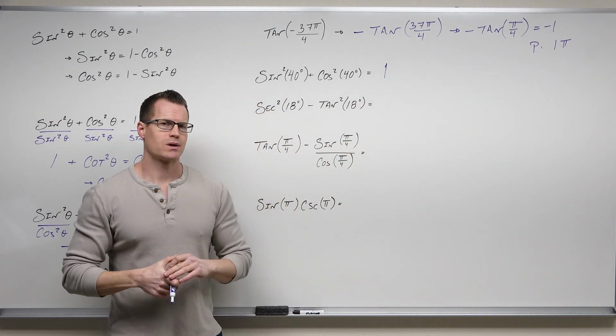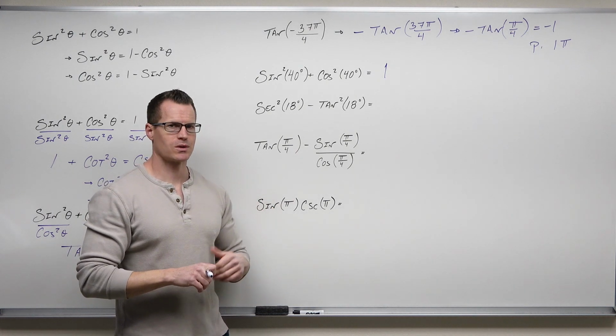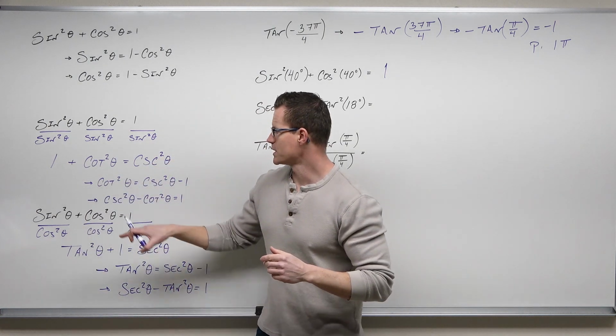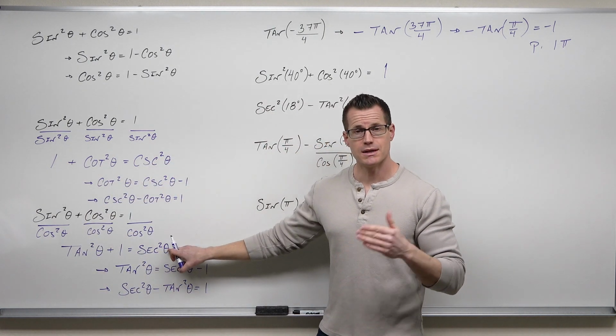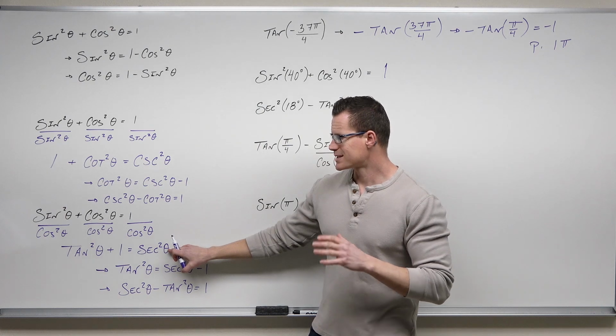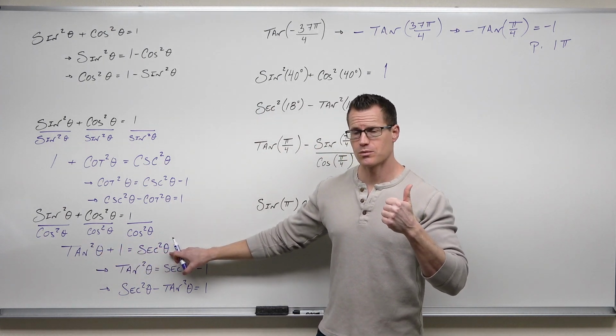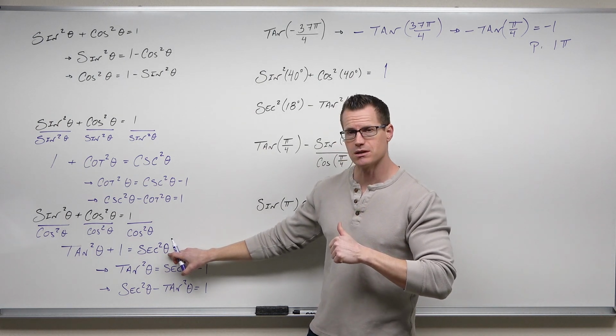What about secant squared 18 degrees minus tangent squared 18 degrees? Well, that doesn't look like that. No, it doesn't, but it's also the reason why I made sure to give you some corollaries here. This could be manipulated back to tan squared plus 1 equals secant squared theta.